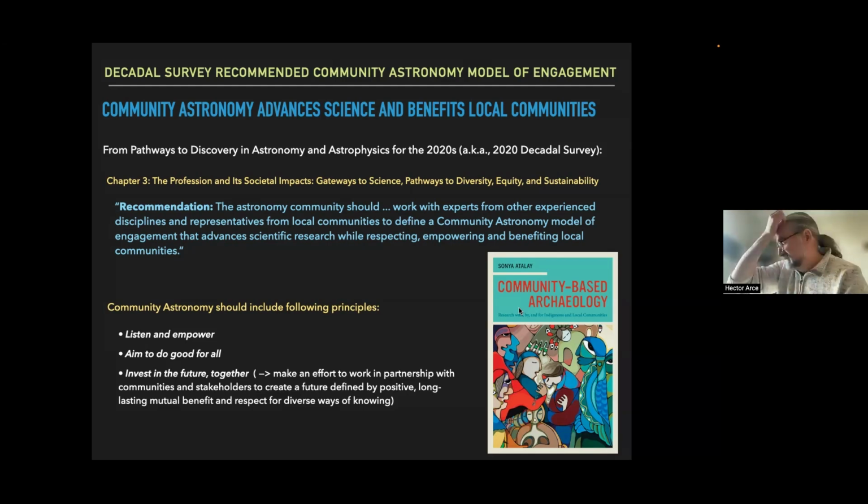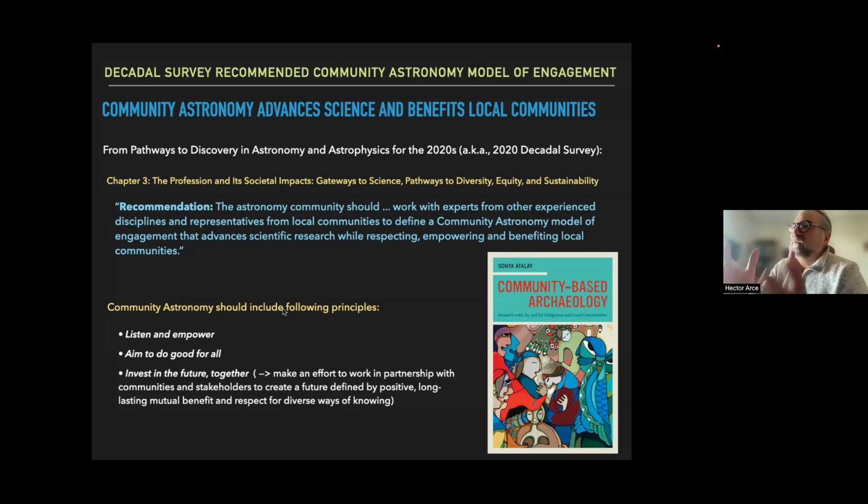Archaeology and other social sciences had, in their beginnings, a very colonial attitude, but they have learned from those mistakes, at least some of the people that carry out that kind of research, and they have come up with what they call community-based social sciences or archaeology.